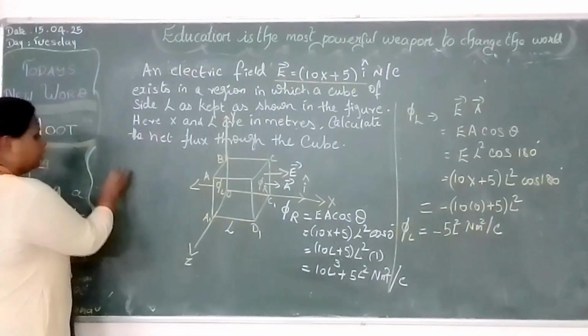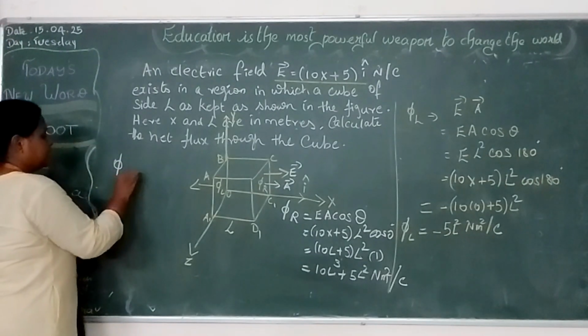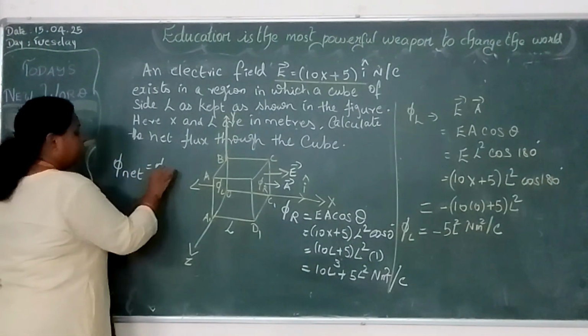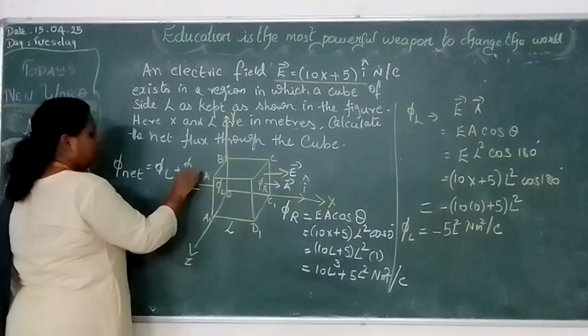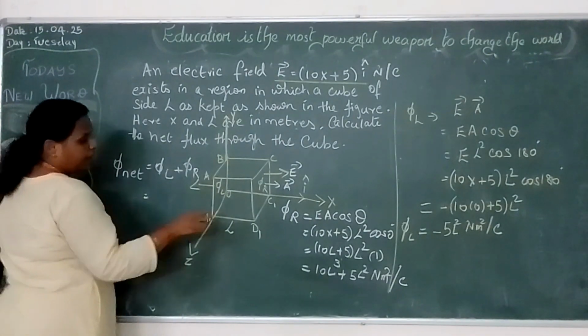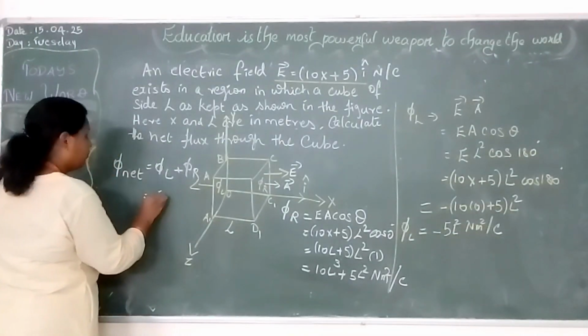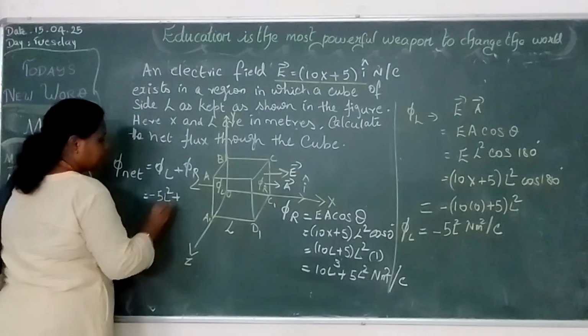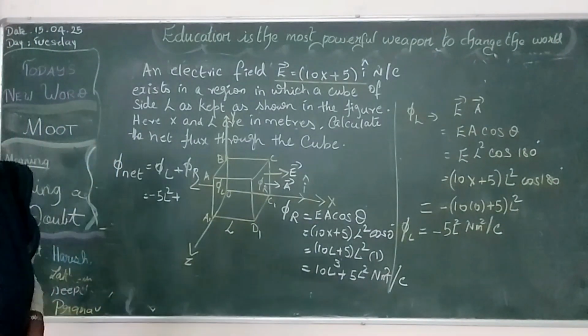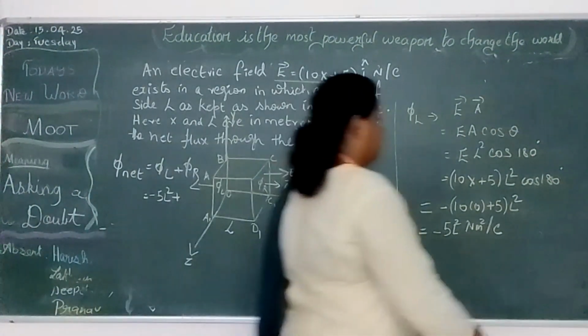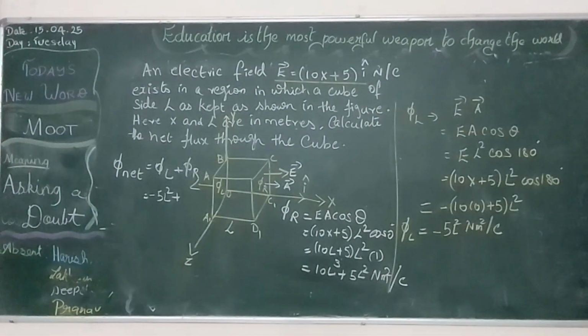So phi net is equal to phi left plus phi right. Phi left is minus 5L square, plus phi right, which is 10L cube plus 5L square. I am erasing this diagram for your better understanding.